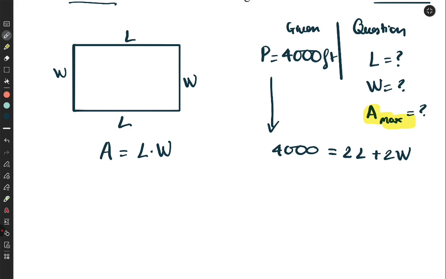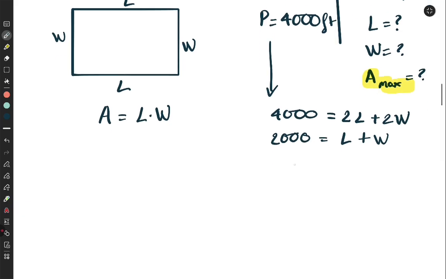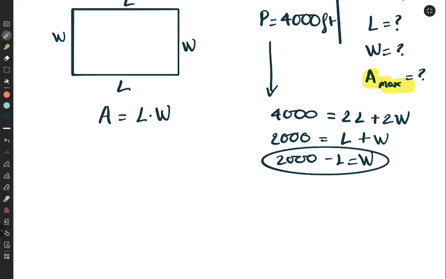First thing first, I see 2, 2, and 4,000. Make it simple: divide both sides by 2. Width is just 2,000 minus L. Now I'm going to replace this W right here, and the area becomes a one variable function.